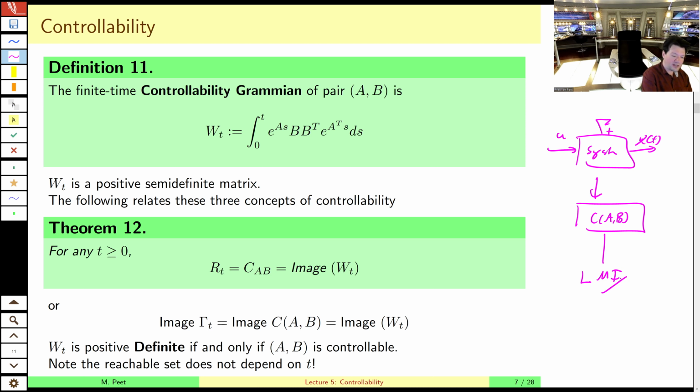So LMI, Lyapunov function, positive matrix. And that'll allow us in the future to bypass that internal step here. We'll ignore this step in the future, and we'll just be able to relate an LMI directly to system properties. This is an intermediate step.